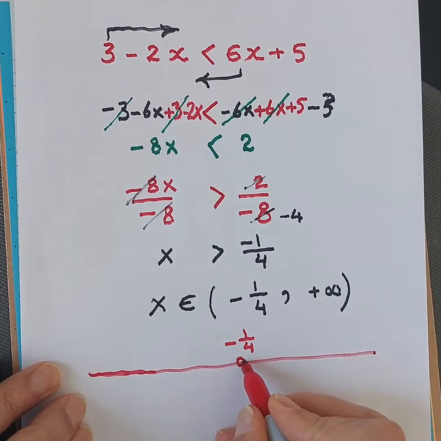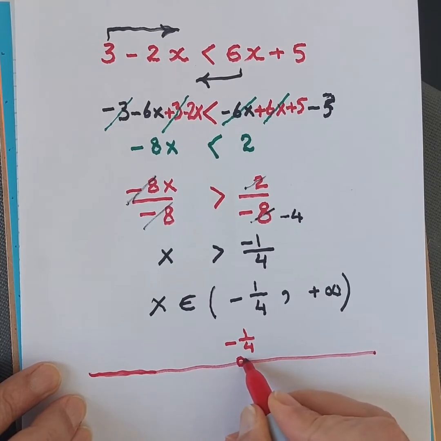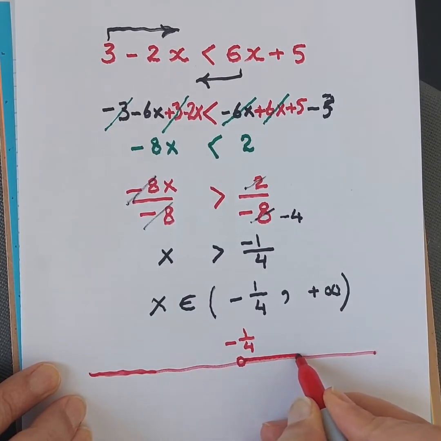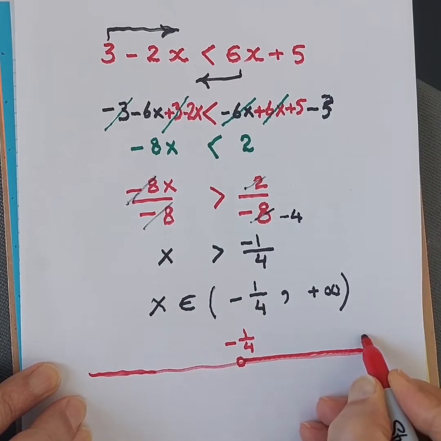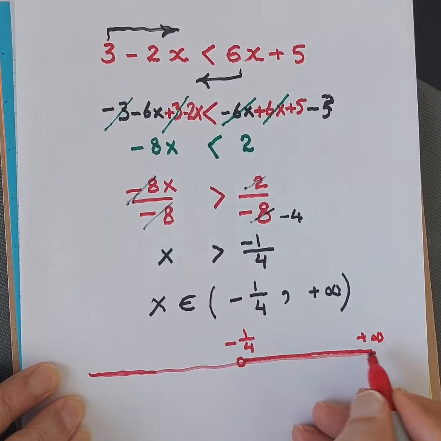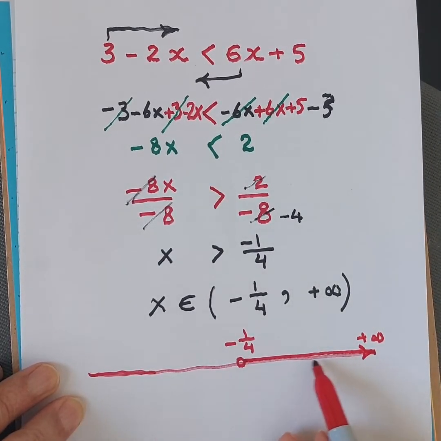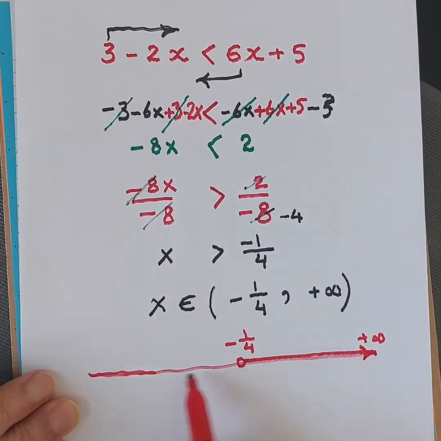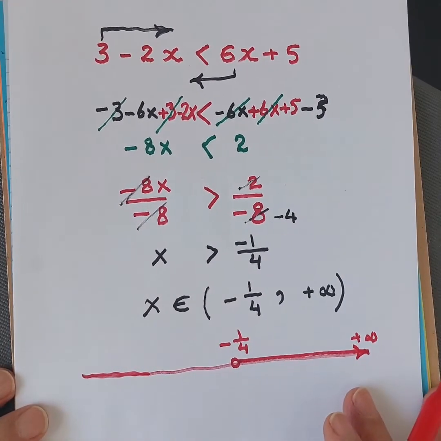So this interval will be open from negative 1 over 4. That's why I made the circle open. And go all the way in this direction to positive infinity. So this is the solution on the real number line. Okay, this is the first inequality.